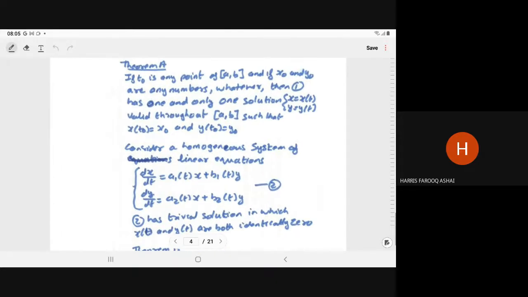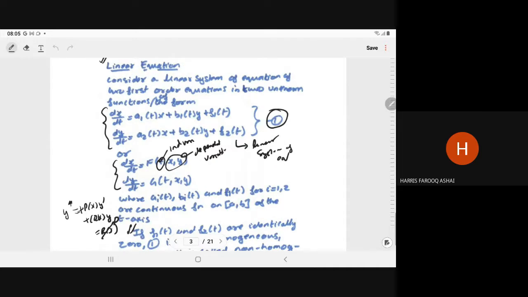So, last time we started the system of equations, and I started the linear equations. We represent a system of linear equations as dx/dt = a1(t)x + b1(t)y + f1(t) and dy/dt = a2(t)x + b2(t)y + f2(t).